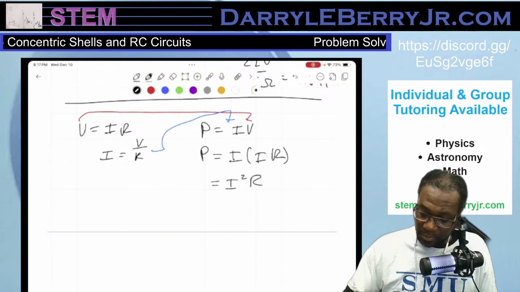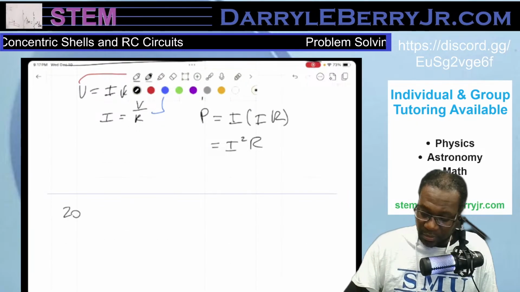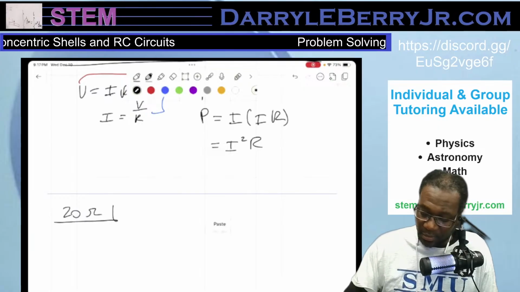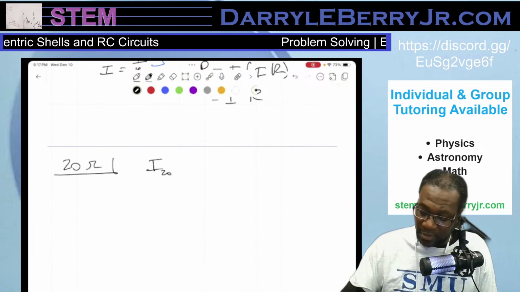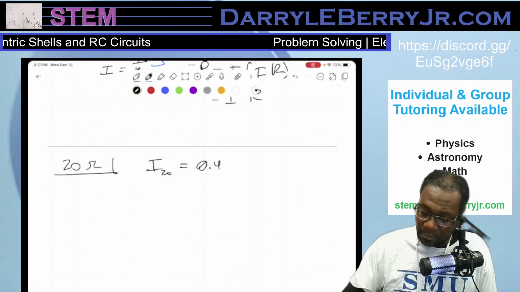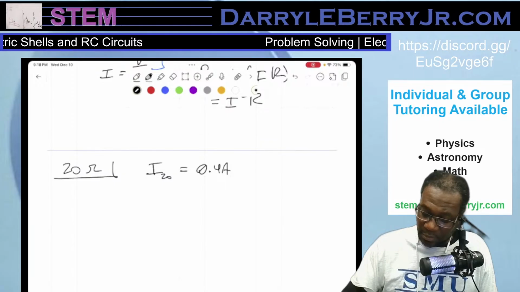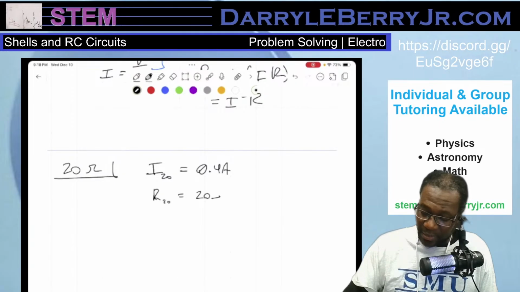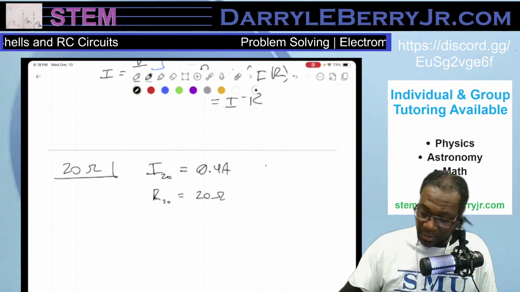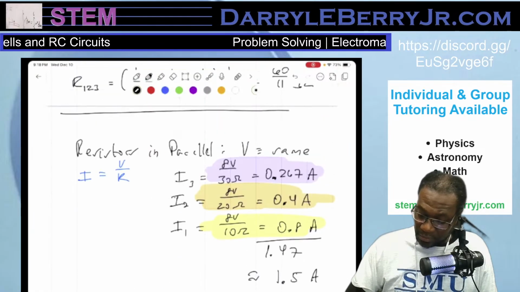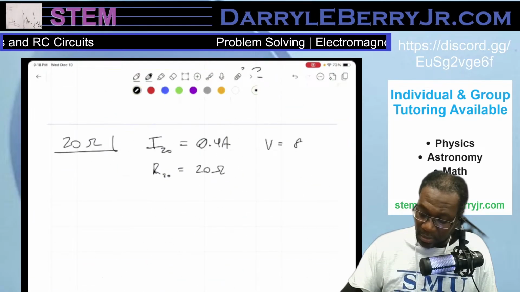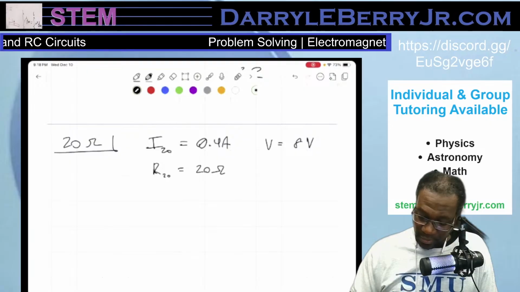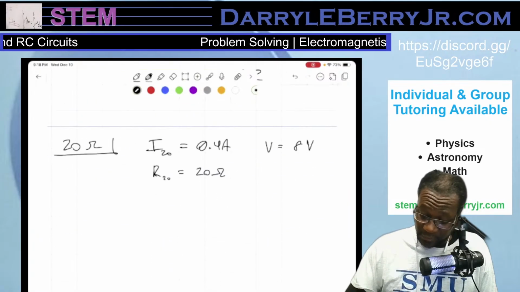So let me make clear that I'm doing the 20 ohm resistor. The current in the 20 ohm resistor is 0.4 amps. The resistance is 20 ohms, but I'll write it again just in case. And the voltage in the 20 ohm one is 8 volts. So now let's see if these all equal the same thing.